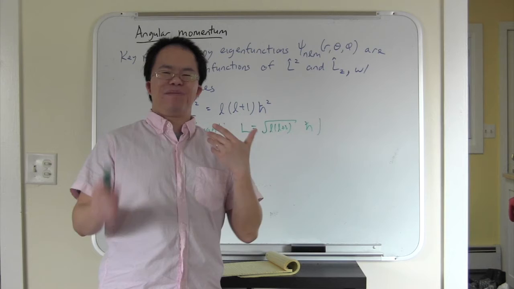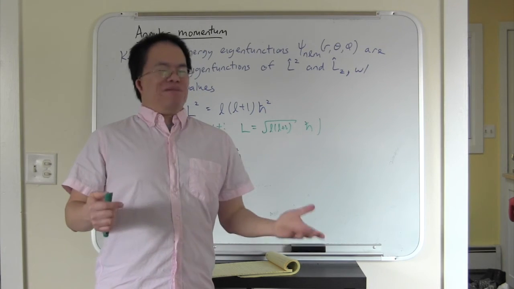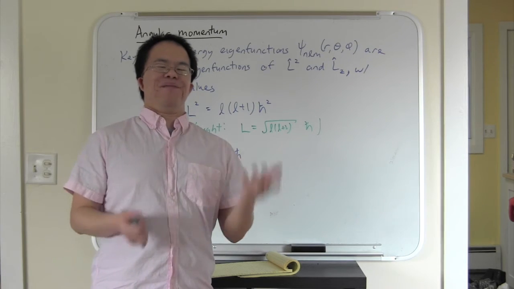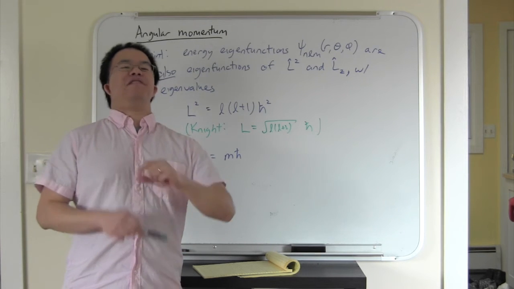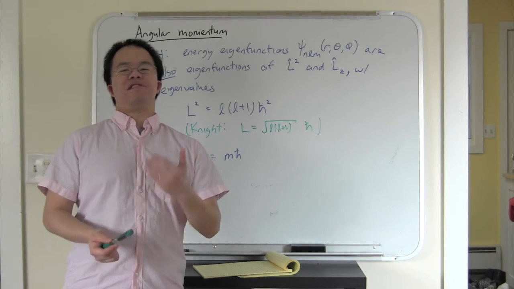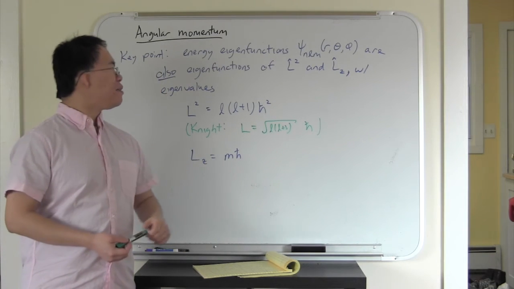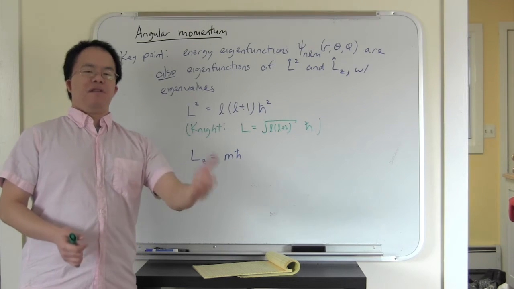What's so special about z? There's no particular reason. It's not like z is magically a preferred direction, but it does turn out to be convenient to formulate things this way mathematically, and that's why we pick Lz as the one to work with.